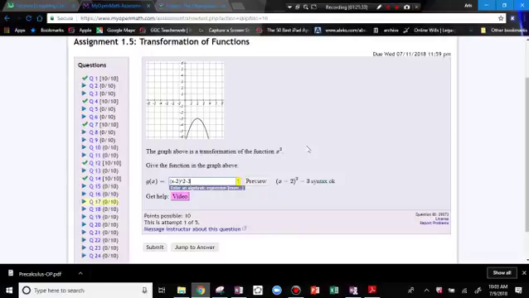Now, the question becomes, that is where it goes, but how do I know it's not that? So that's why you probably need to check one more point to make sure it's right. So at 3, it says it should be negative 4.